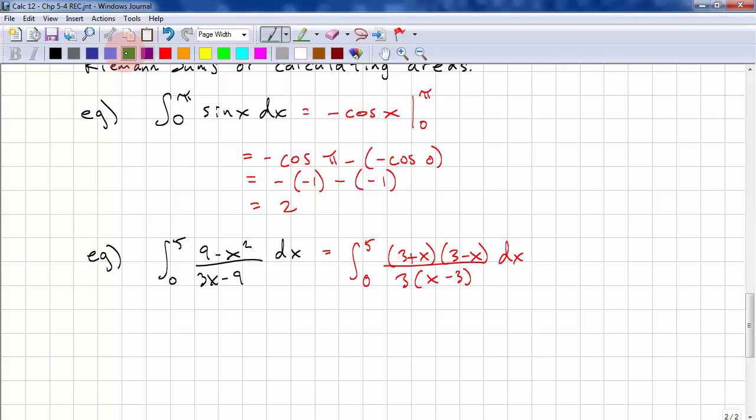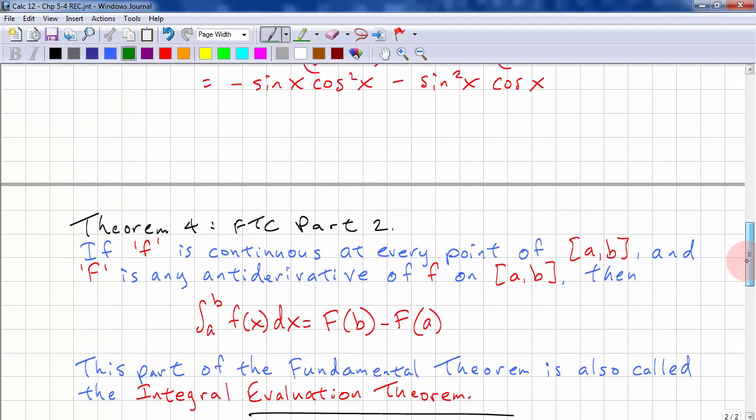So the problem is we have an MPV, and the MPV is x equals 3. So the definite integral does not exist. Okay, that's because we have to have f being continuous at every point.